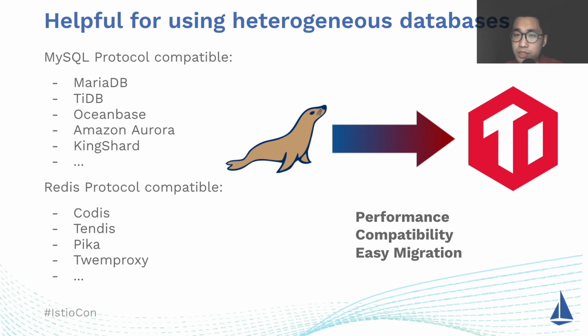When we want to use a heterogeneous database to replace the currently used database, like you have MariaDB but you want to migrate to TiDB, you maybe will ask 3 questions. How about the performance, the compatibility, and easy migration?